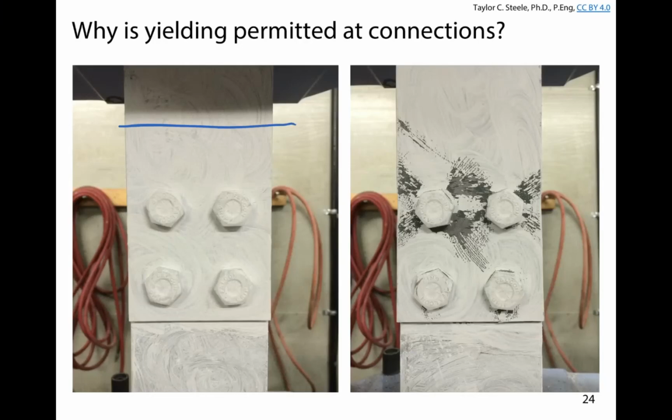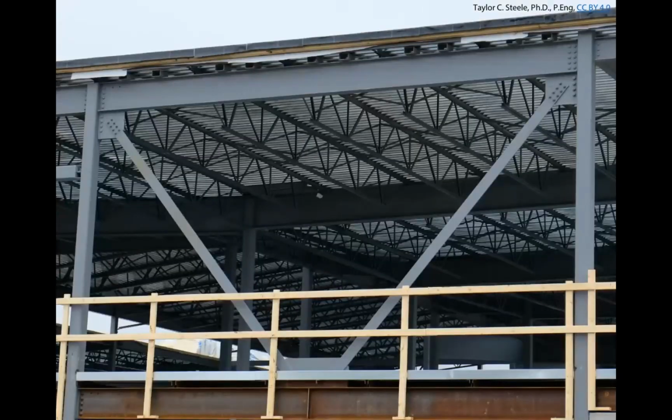Whereas up here at the gross section, we do not want to have yielding developing at that section of the brace. Does anyone have any questions about what gross section yielding is, why it's bad, what net section fracture is, why it's bad, how we might apply those two expressions to calculate the resistance associated with either of those limit states?